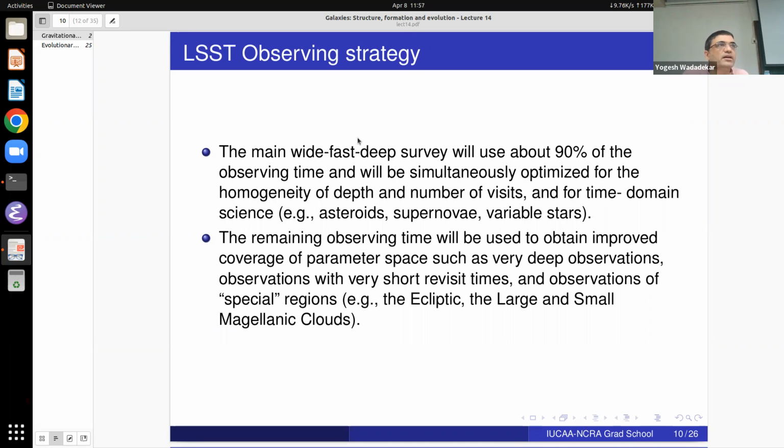So in IUCAA and in NCRA and in several other institutes in India, we now have a few PIs who are part of the international data rights holders list. So we will have access to the data. I'm one of them, and there are several people in IUCAA as well.